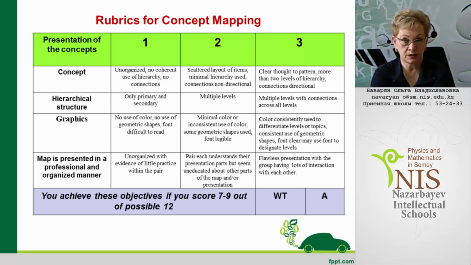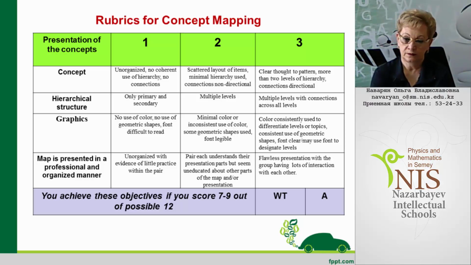You may ask me, why for to be achieved a student needs to score 7 up to 9 out of 12 possible. Nothing is perfect and nobody is perfect. That's why I think that it's very difficult for a student to achieve 12 out of 12. And do not forget that each time we speak about the area for improvement.